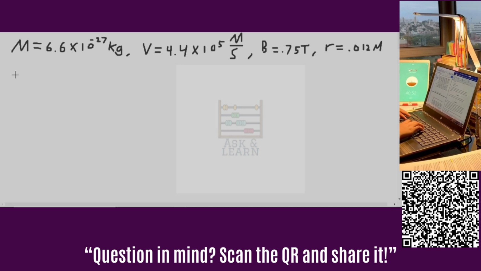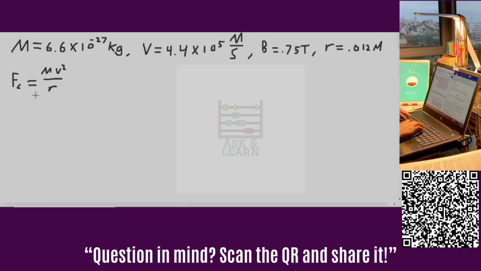We have that the centripetal force, F sub c, is equal to mass times velocity squared, divided by the radius. Centripetal force is the force that keeps it traveling in a circle.